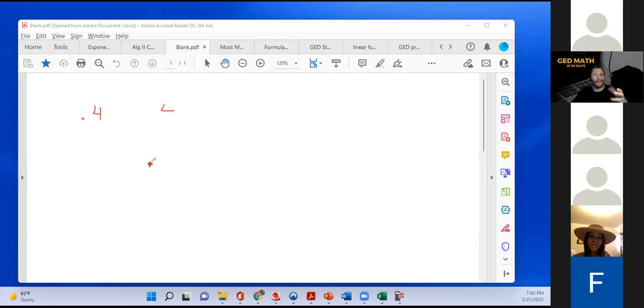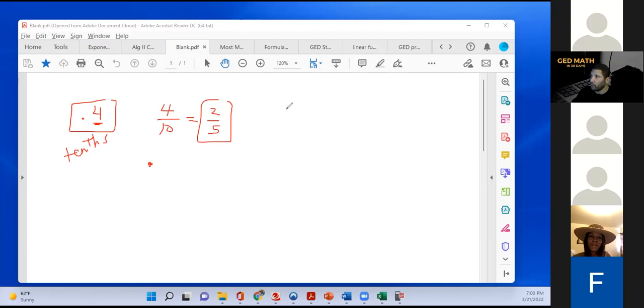So this is what I mean about the small things. 4/10. Why? Because this place here after the decimal point is tenths. So 4/10, is that reduced to lowest terms? No. 2/5. So 0.4 is the same as 2/5. What's 0.4 as a percent?